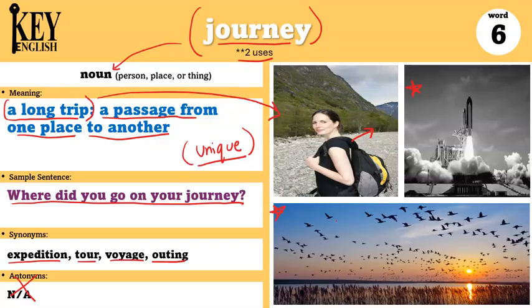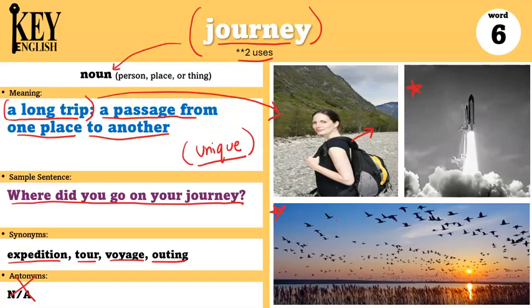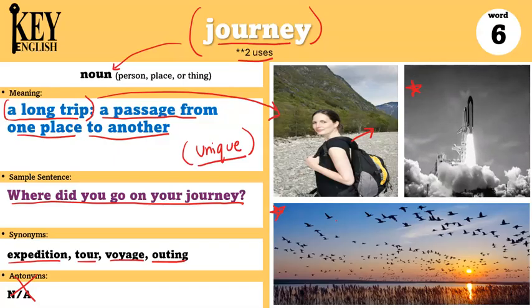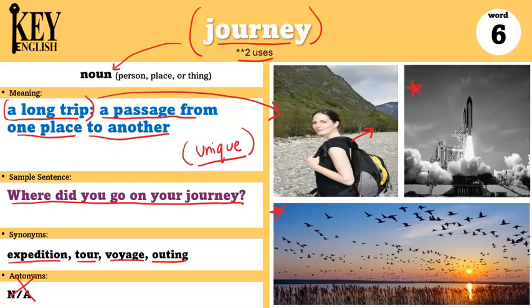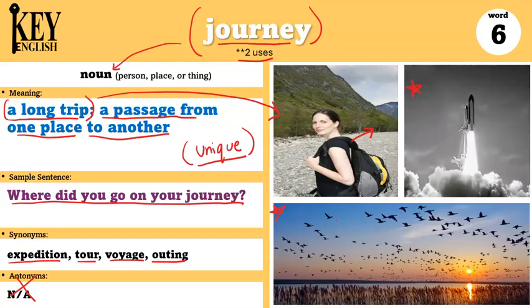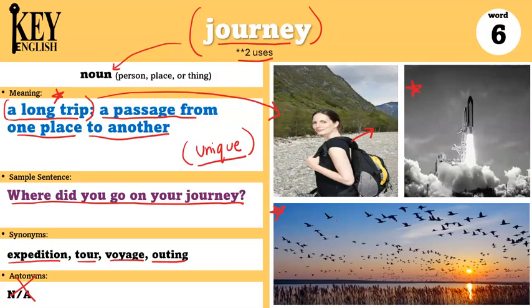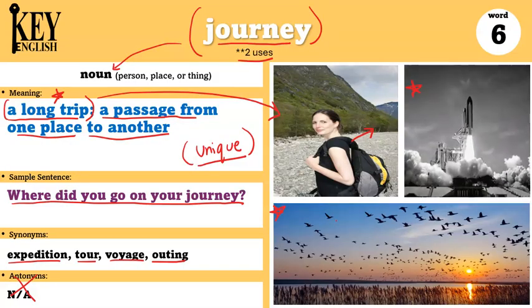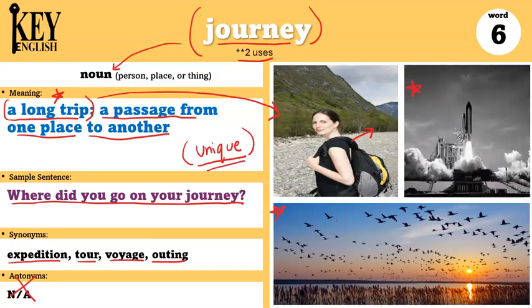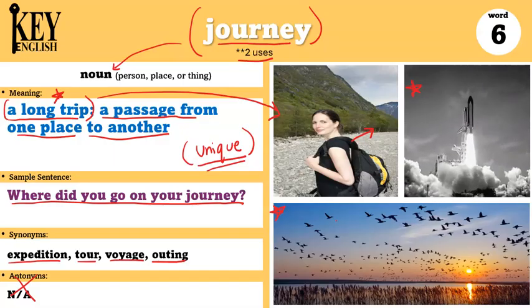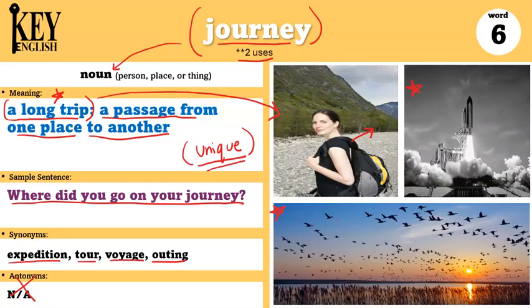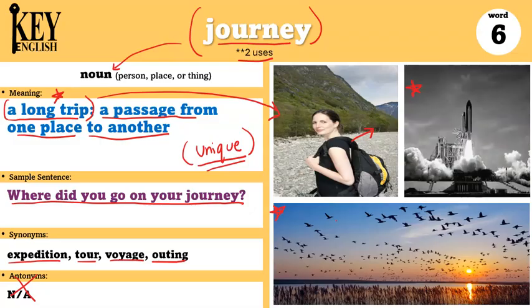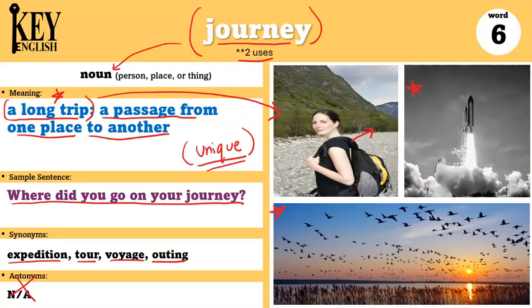They will fly thousands and thousands of kilometers away when the season changes to go to a warmer place. So that is a very long trip, and not every animal does this. It's a very unique or special thing for some animals. So we can call that a journey. I can say every winter the ducks go on a long journey south.